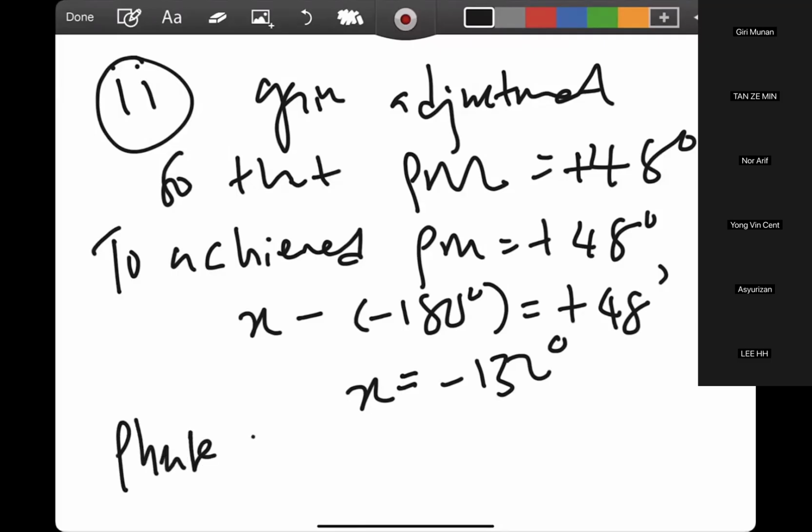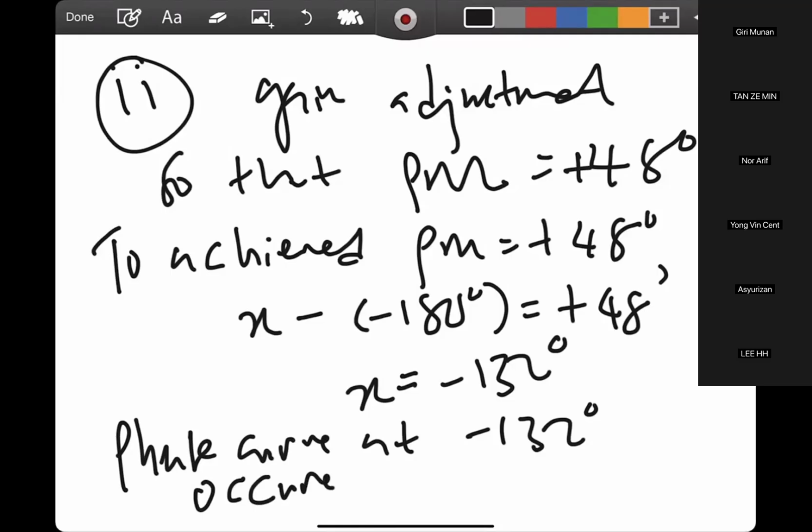Phase curve at minus 132 degrees occurred at where? Phase curve at minus 132 degrees occurred at where?